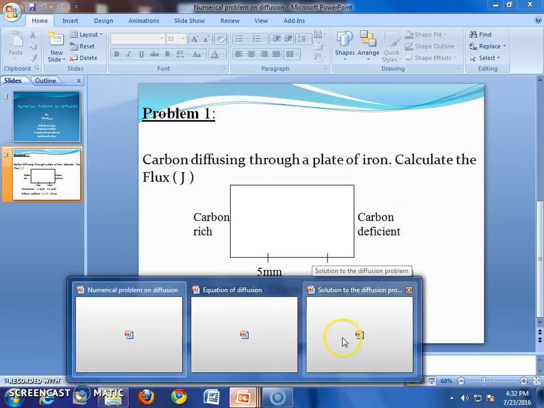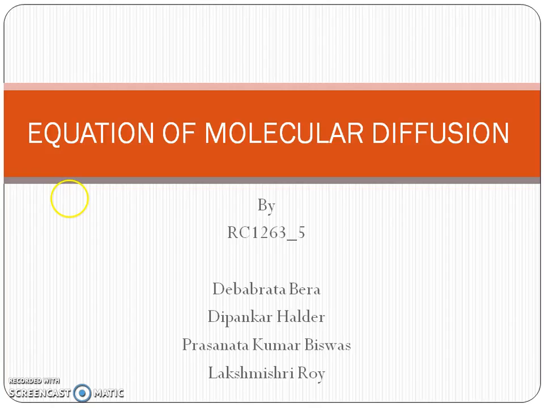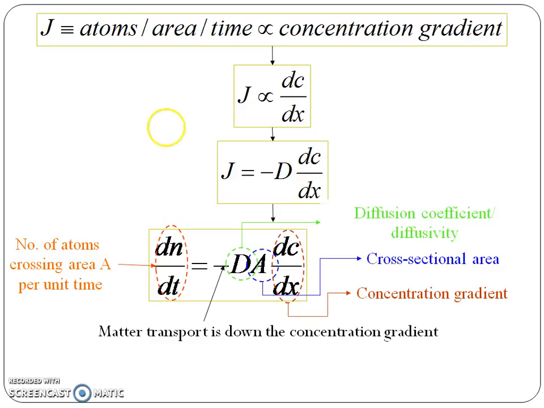Before we go to the solution, we review the particular equation which we came across, that is nothing but Fick's first law, which correlates the diffusional flux with the concentration difference.